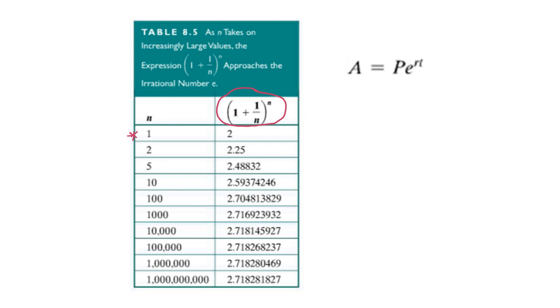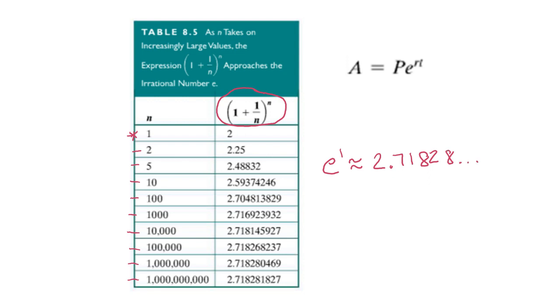So as we increase in the number of compoundings per year, that formula is approximating to about the same value. Notice they're all about 2.718 towards the very end. And if you put e raised to the first power in your calculator, I'm just going to do an approximation because I'm not writing all of this down: 2.7182, and then it just keeps going on.